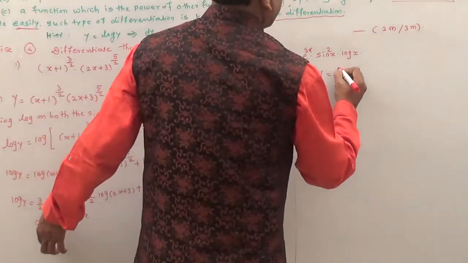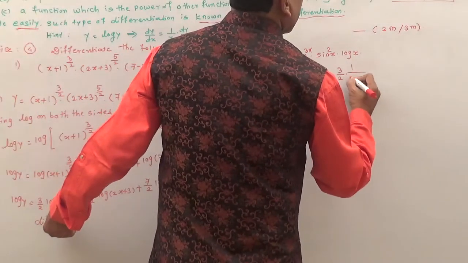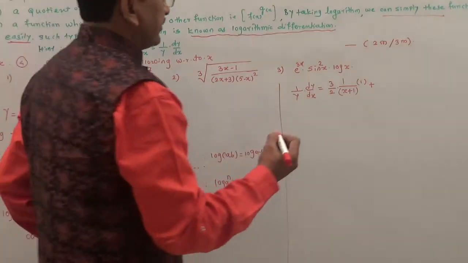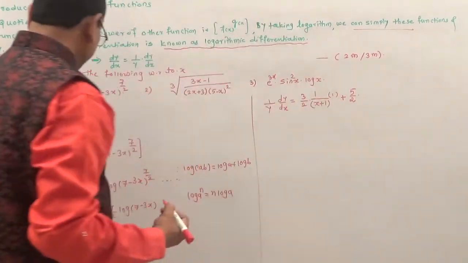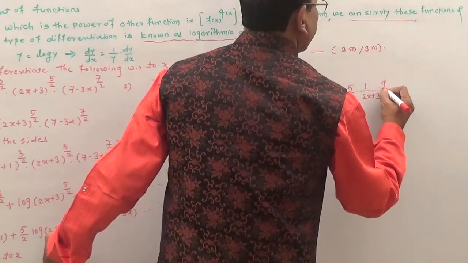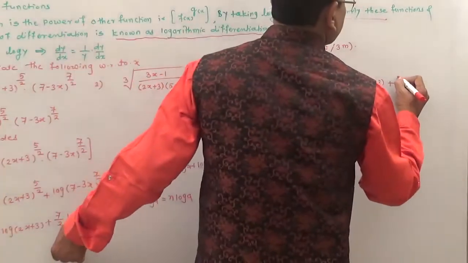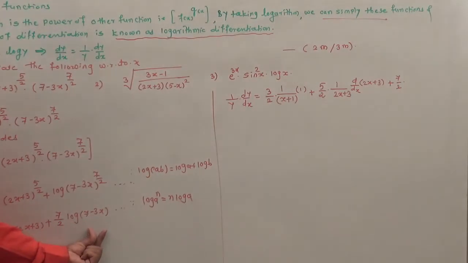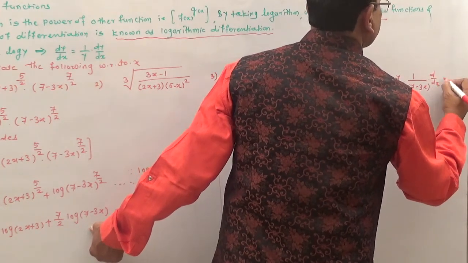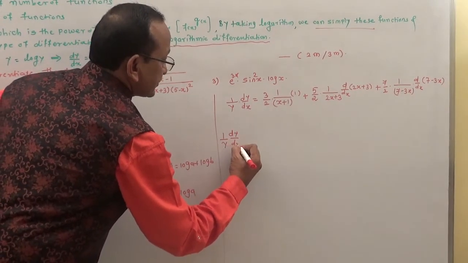So the derivative is 3 by 2 into the derivative of log (x plus 1), which is 1 upon (x plus 1) into the derivative of (x plus 1), which is 1, plus 5 by 2 into the derivative of log (2x plus 3), which is 1 upon (2x plus 3) into the derivative of (2x plus 3), plus 7 by 2 into the derivative of log (7 minus 3x), which is 1 upon (7 minus 3x) into the derivative of (7 minus 3x).